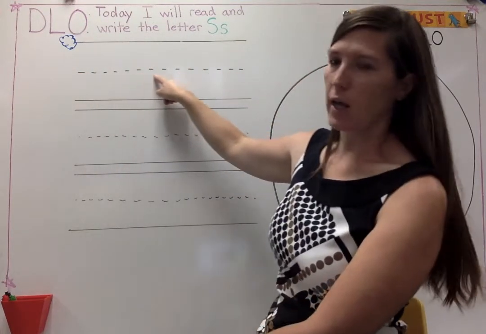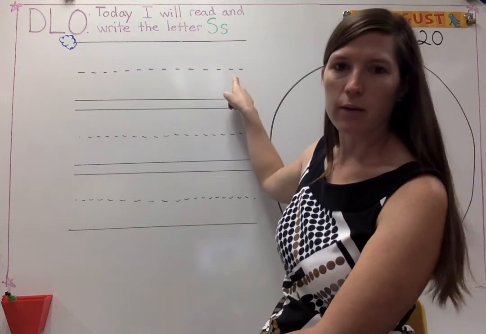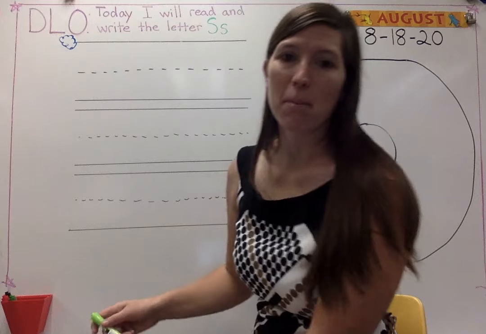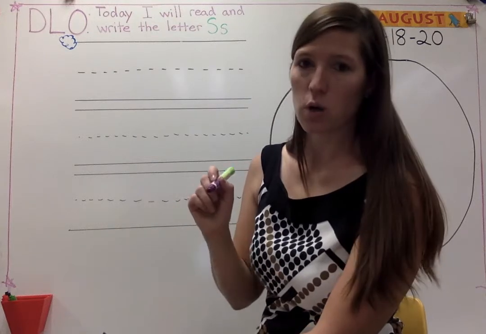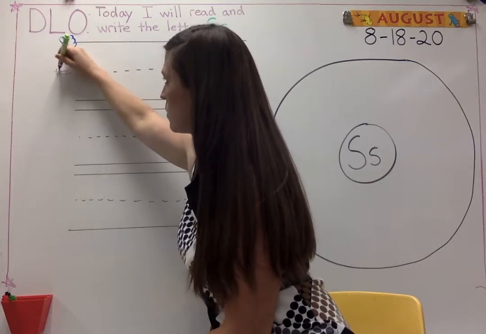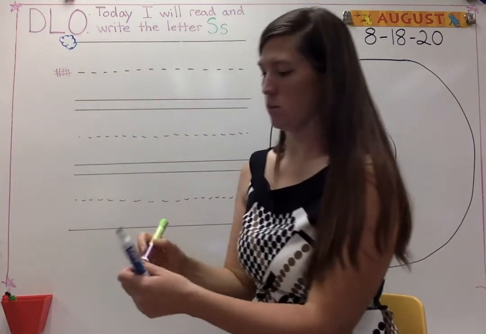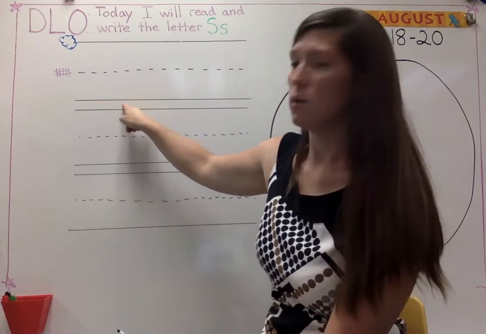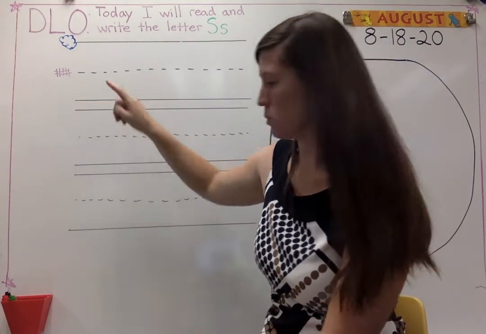The dotted line is the middle line to help us with some of our letters. I call that line my fence. So I will draw a little fence on the side. The bottom line I call the ground.